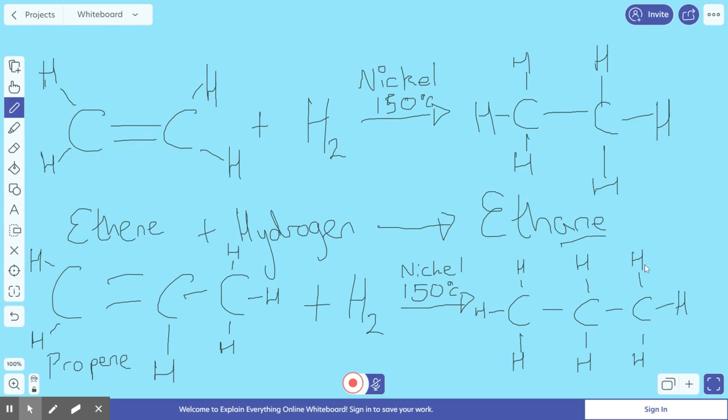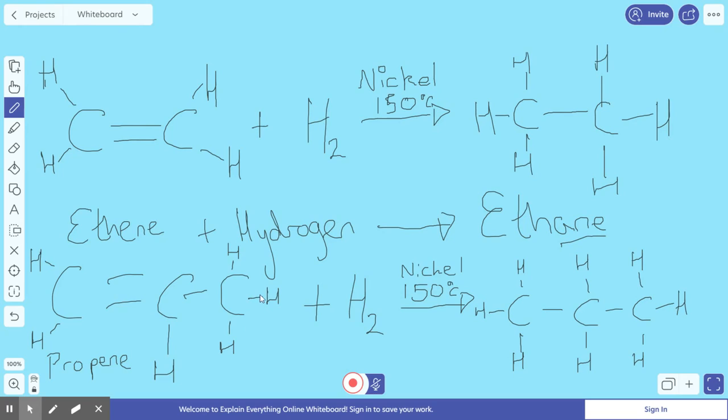Okay, now you're expected to know that reaction for the first 4 alkenes, so ethene, propene, butene, and pentene. Okay, it is exactly the same reaction for all of those. We just have an extra bit tacked on the end of our carbon chain length.